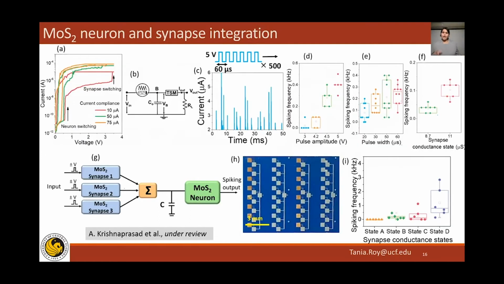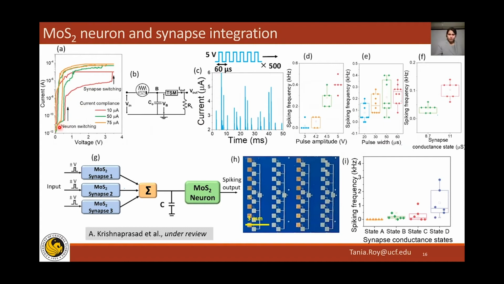So what next? Now we have a neuron and a synapse using the same material system. For monolithic integration, we built them on the same platform. First we connected a single synapse with a single neuron, and in the DC characteristics we see that they are very well matched. If we sweep the voltage, the neuron switches, then the synapse switches, because the neuron has a lower threshold than the synapse, and then we clamp the current at a certain value.